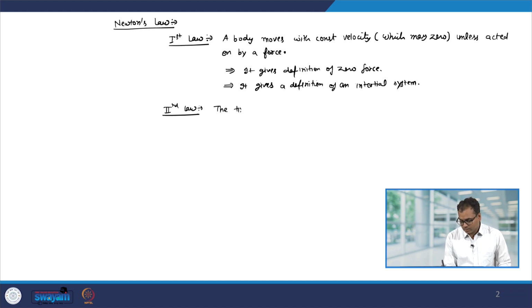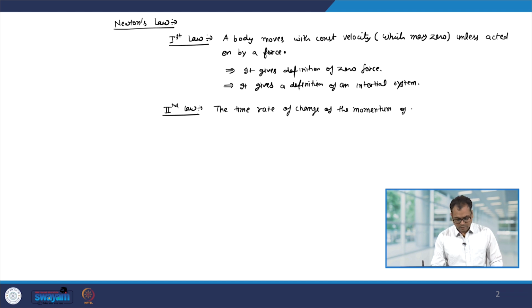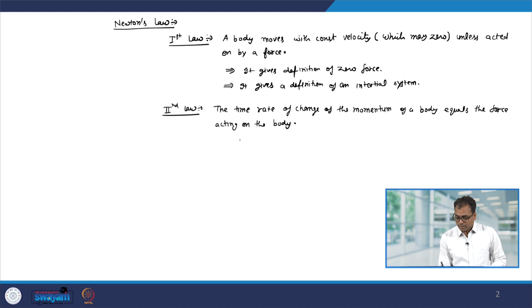It states that the time rate of change of the momentum of a body equals the force acting on the body. So, F is nothing but dP by dt, and we know that momentum is m times v.